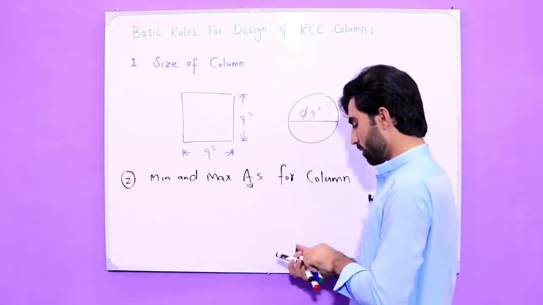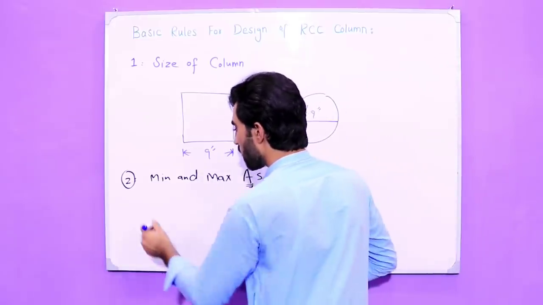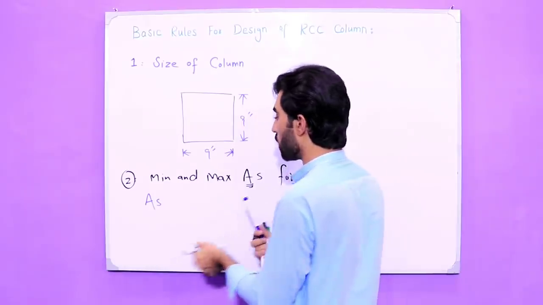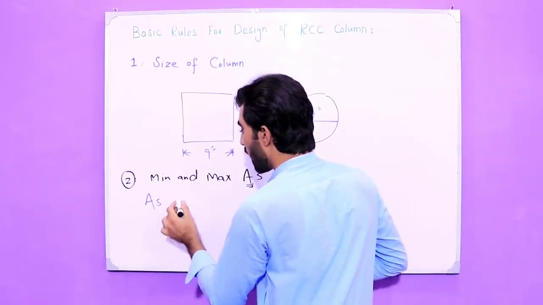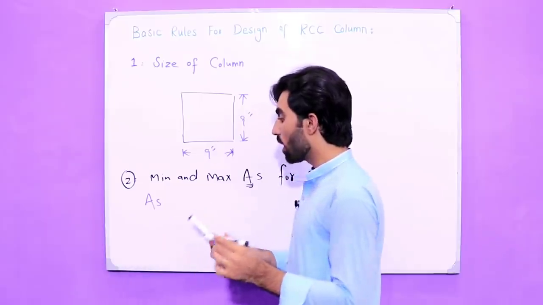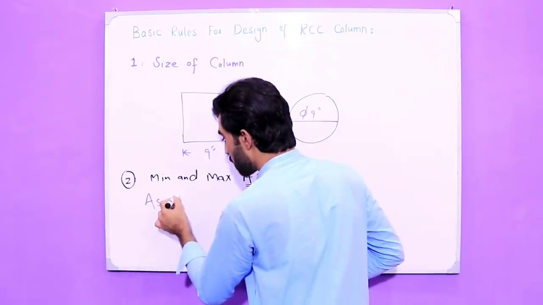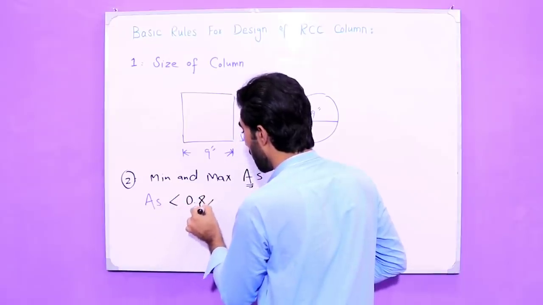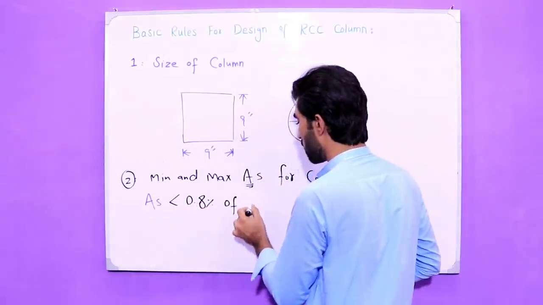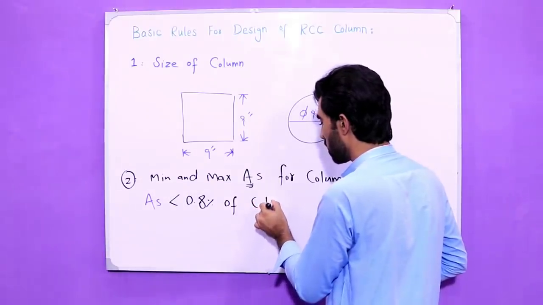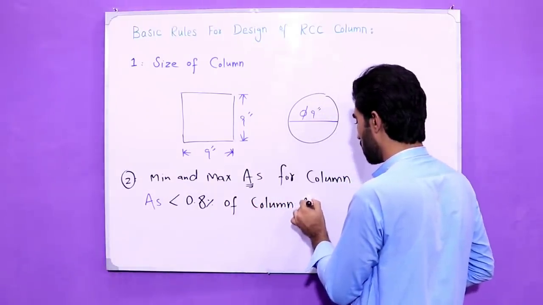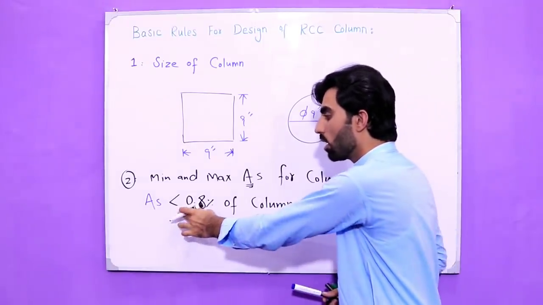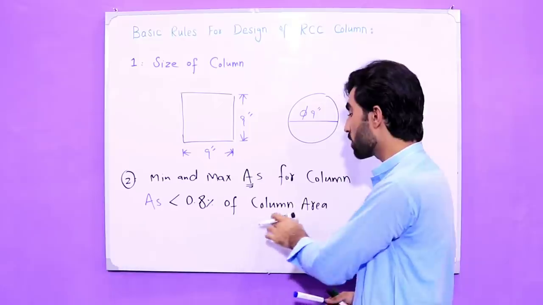Remember, guys, area of steel, AS, should not be less than 0.8% of column area. So area of steel should not be less than 0.8% of column area.